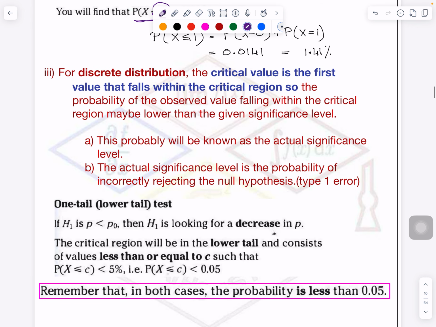Now, this type 1 error I will explain to you a little later, but at this point you can understand one thing. When the value falls within the critical region, which is less than 5%, which is the significance level, then you reject H0. And whenever H0 is rejected, it is called a type 1 error is made.